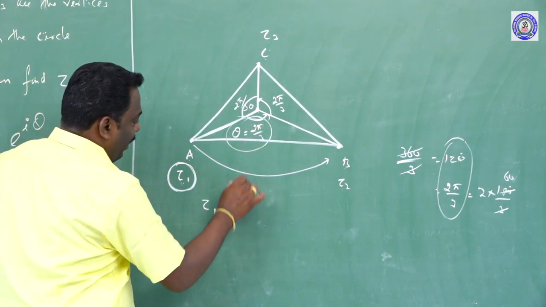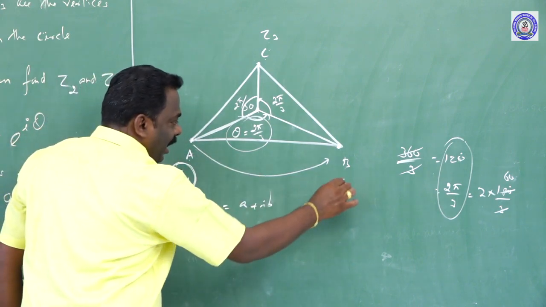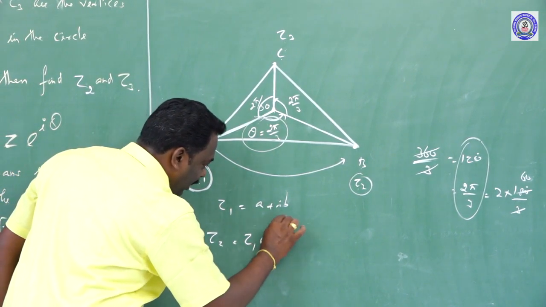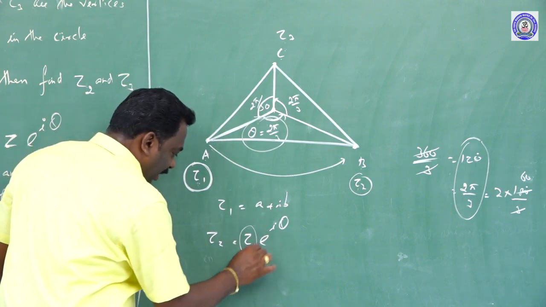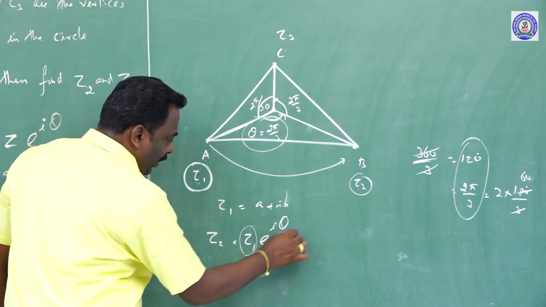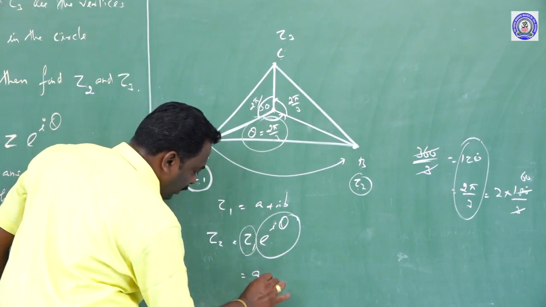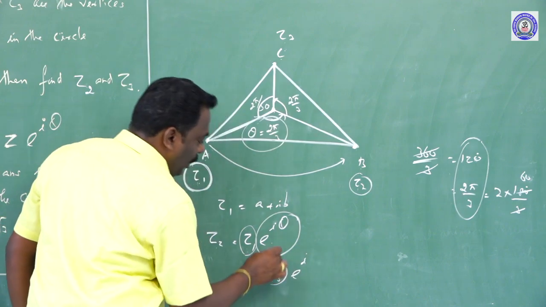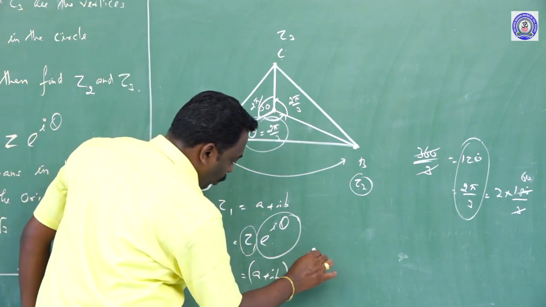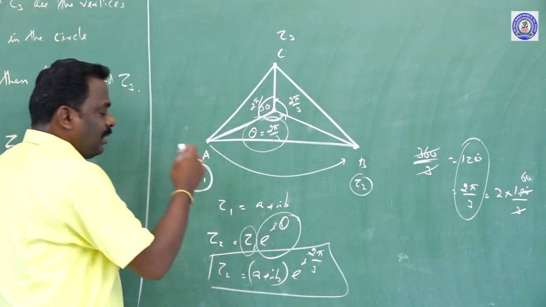If the given complex number Z1 is in the form A plus iB, then to find the second complex number Z2, Z2 equals Z1 into e power i theta. Here Z1 is A plus i into B, and e power i theta, from one vertex to another, with theta equal to 2 pi by 3. In this way we find Z2, and similarly we find Z3.